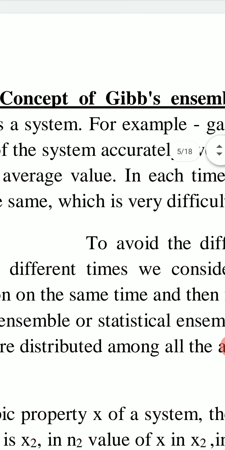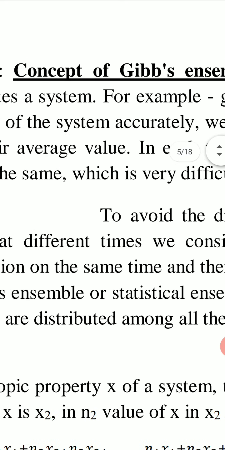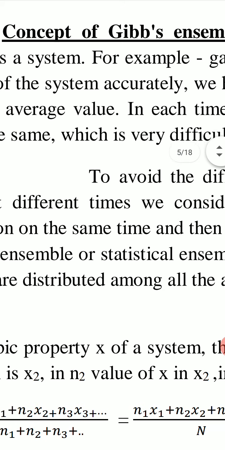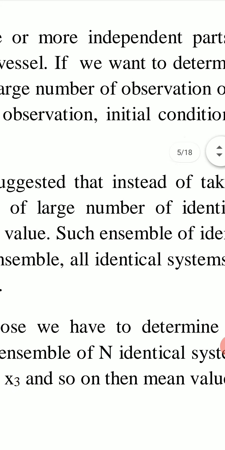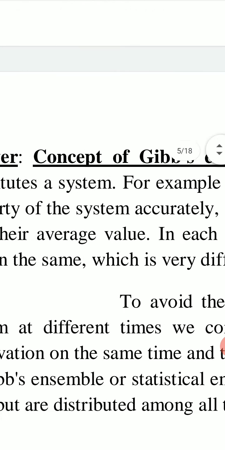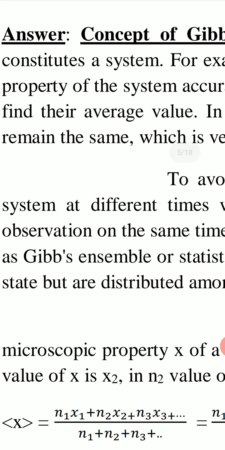Now we will define Gibbs ensemble. What is the concept of Gibbs ensemble? One or more independent parts combining together constitute a system. For example, if we have several particles, then they constitute a system.